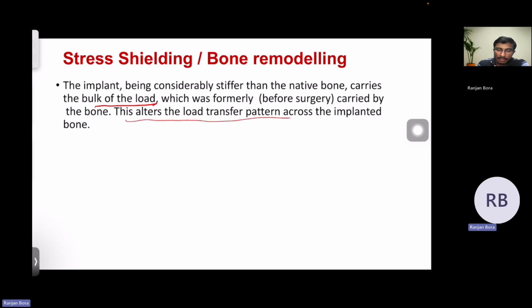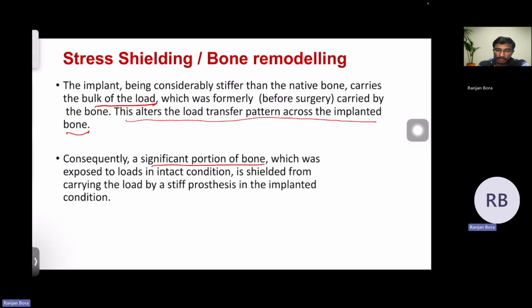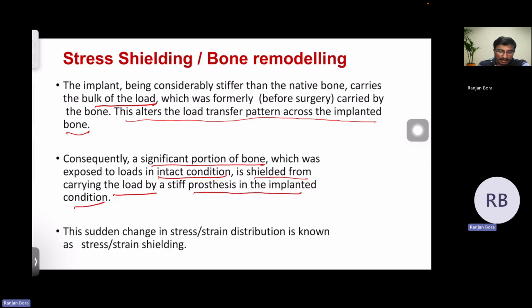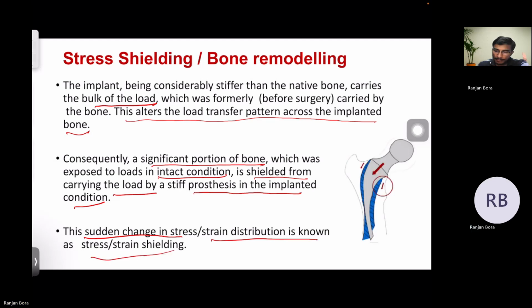This alters the load transfer pattern across the implanted bone. Consequently, a significant portion of bone which was exposed to loads in the intact condition is shielded from carrying the load by a stiff prosthesis in the implanted condition. This sudden change in stress-strain distribution is known as stress shielding.